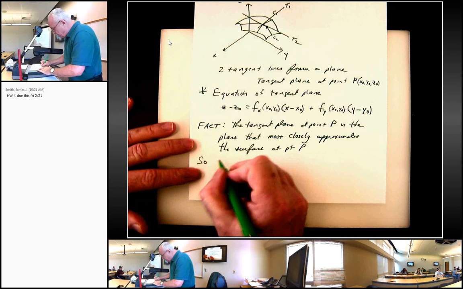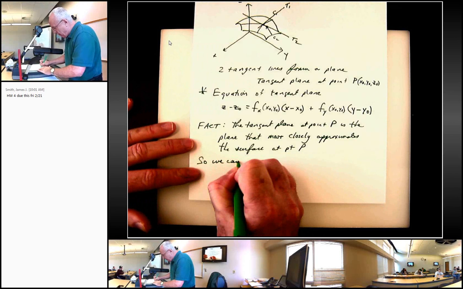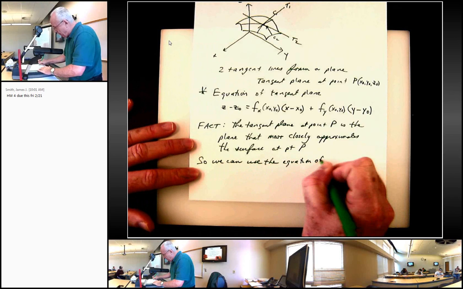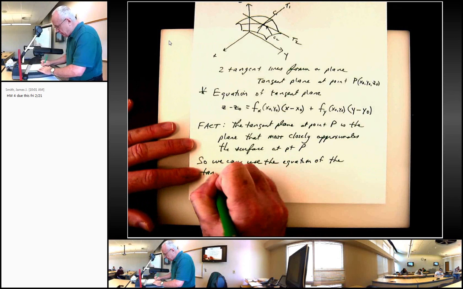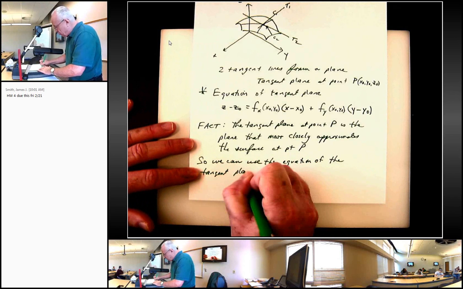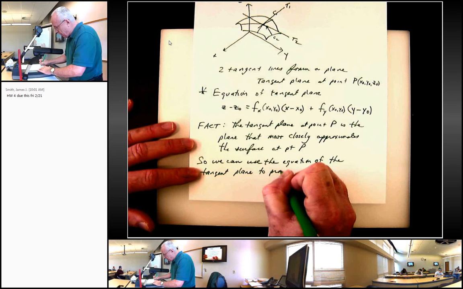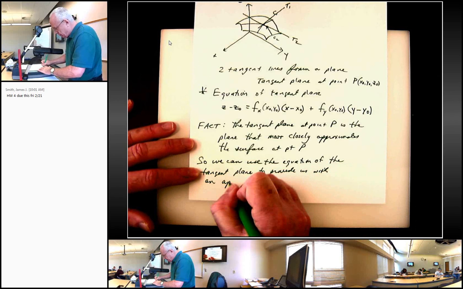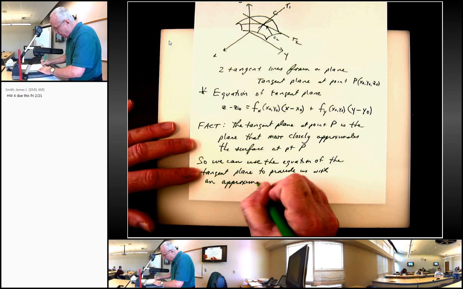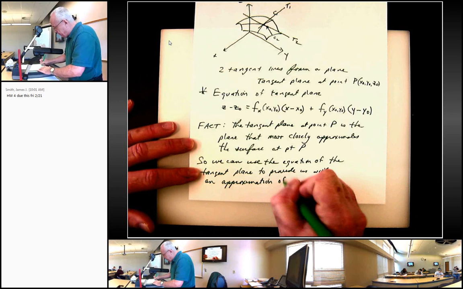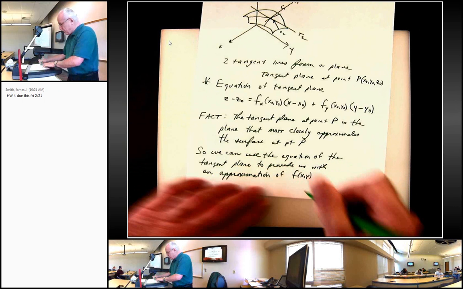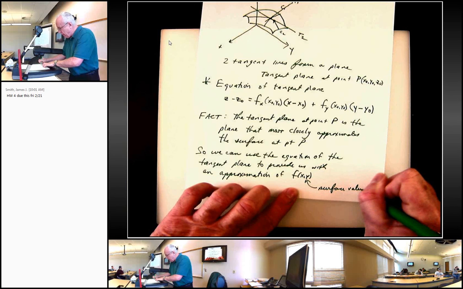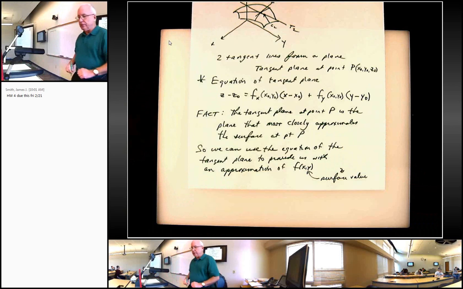So we can use the equation of the tangent plane to provide us with an approximation of the value f(x,y). And of course, this is our surface value. This is the z surface value, the z coordinate.